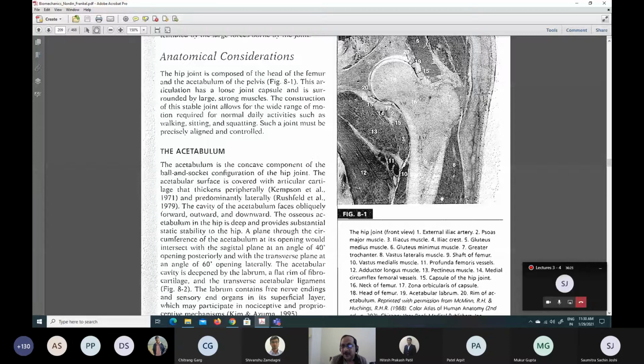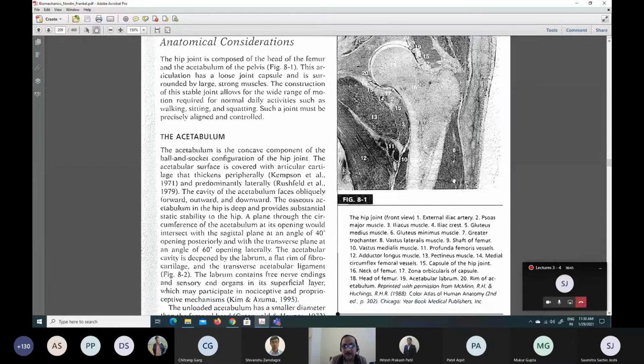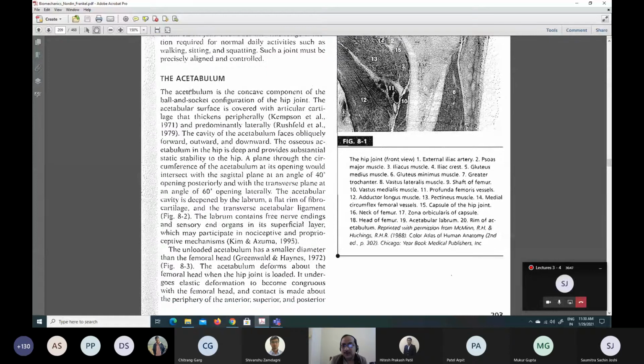This is the spherical femur head, which is rotating or articulating inside the acetabular cavity. And you have the various parts of the bone, each with its own name. So, as I was telling you, the acetabulum.